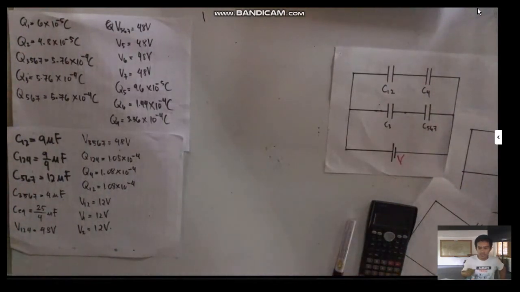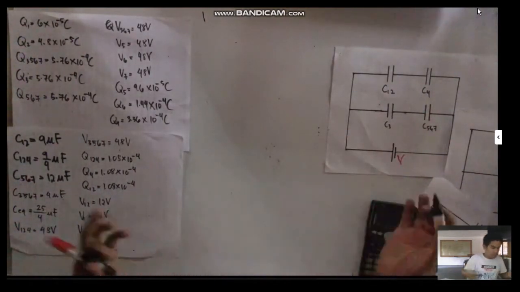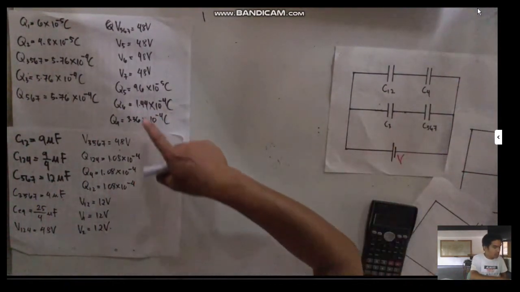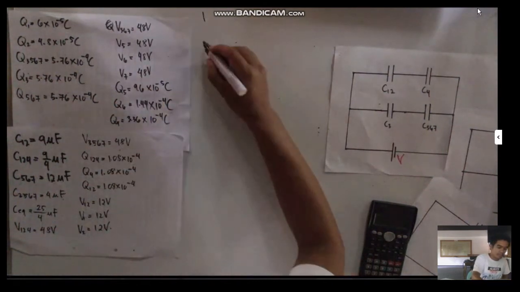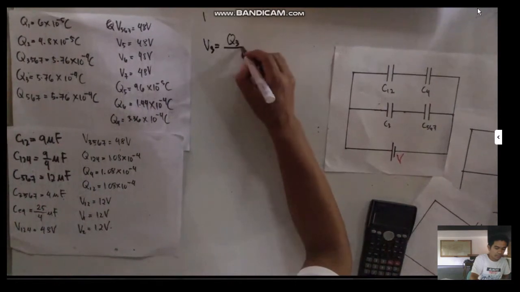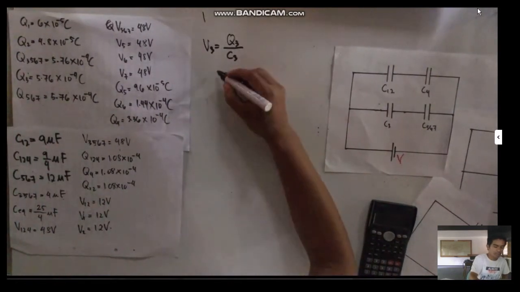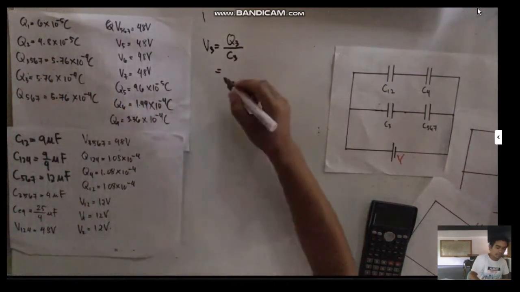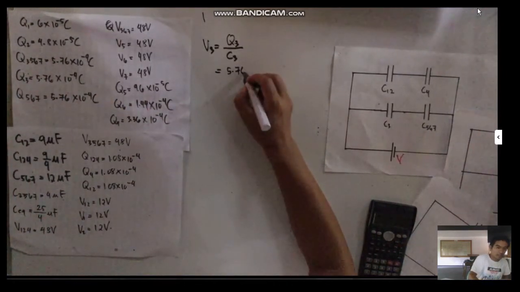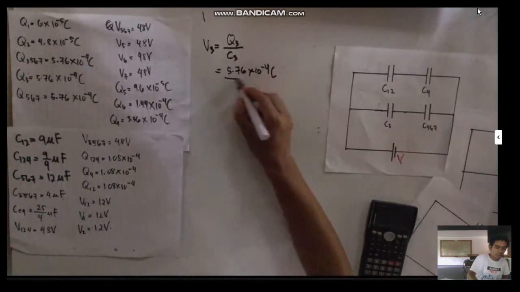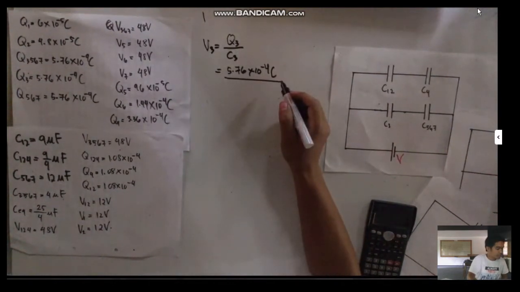So next is V3. Since we don't have V3, the voltage across capacitor 3, V3 is Q3 over C3. So what is Q3? We have Q3, which is 5.76 times 10 to negative 4 coulomb over the capacitance of capacitor 3.